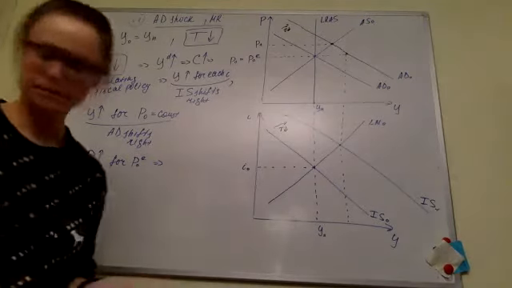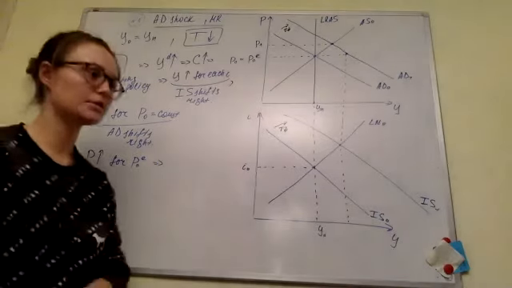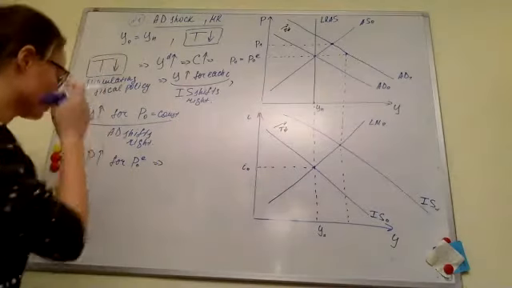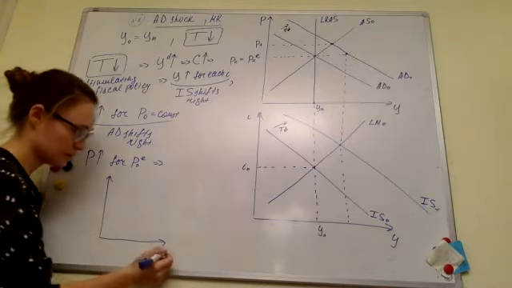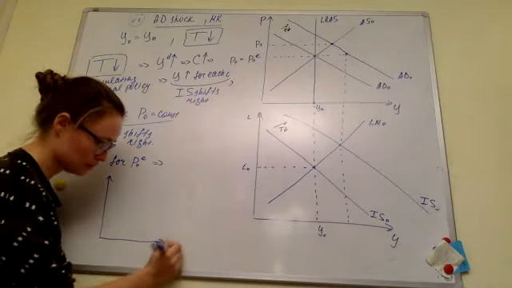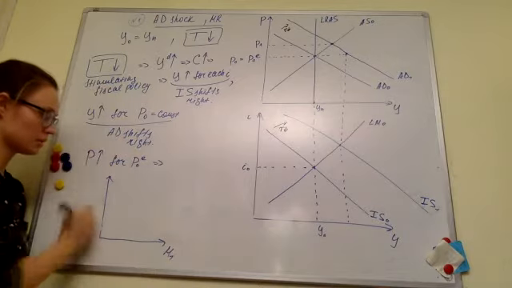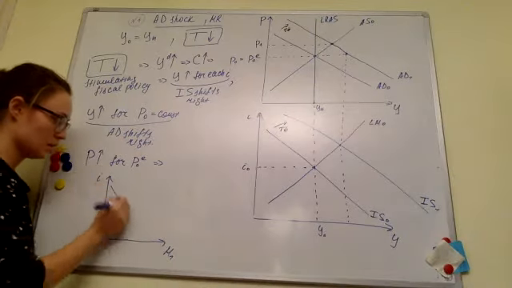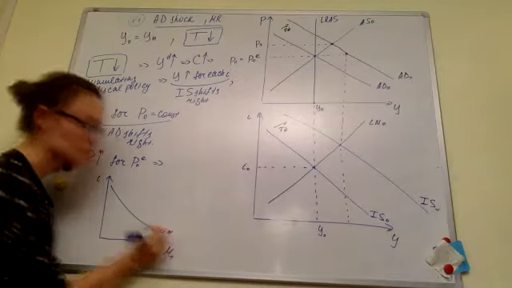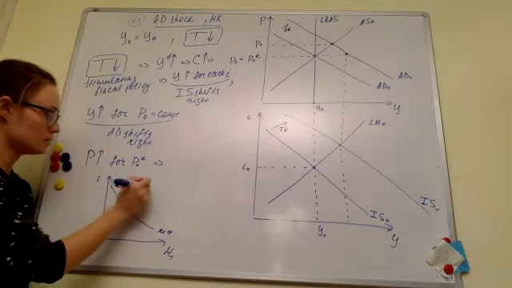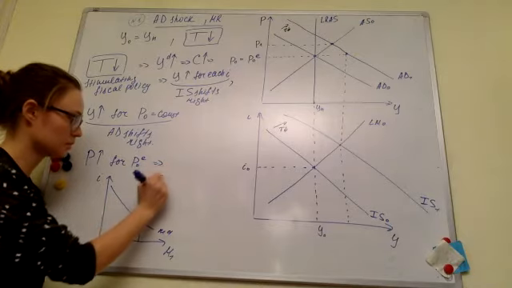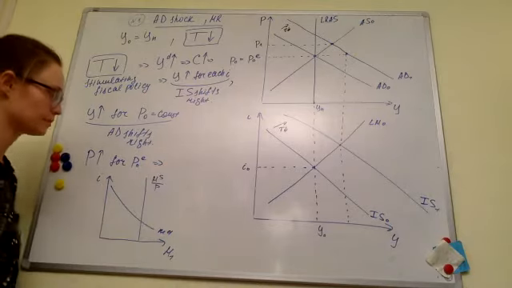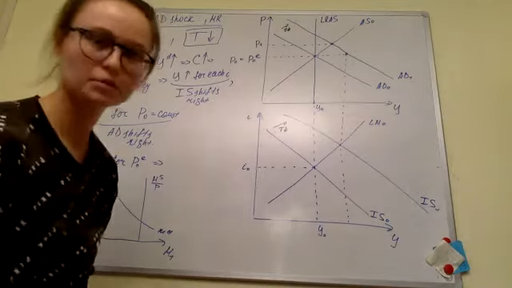We need to consider real money supply. Okay, I can draw the money market, and we will see. So here M1, you remember the money market. Here interest rate, real demand for money, and this is the real supply of money. Now prices go up.